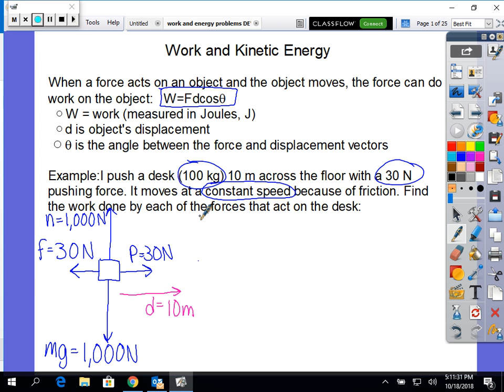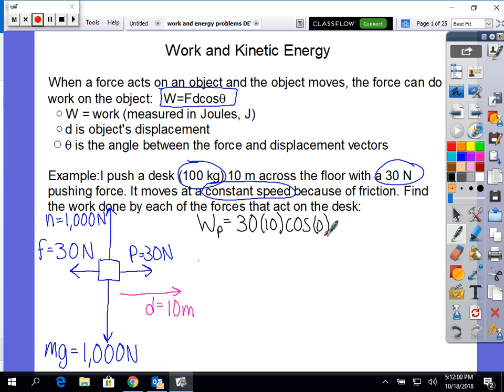The work done by the pushing force is going to be the magnitude times the displacement times cosine of the angle. So the magnitude is 30 newtons times the displacement, which is 10 meters, times cosine, and since the displacement is in the same direction as the pushing force, the angle between them is 0.